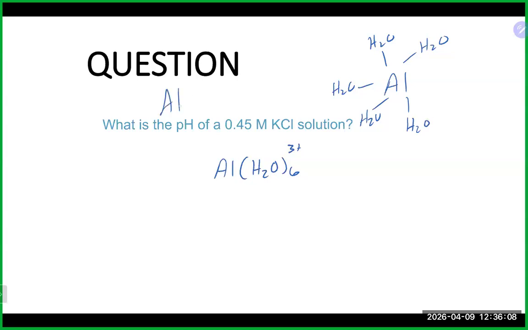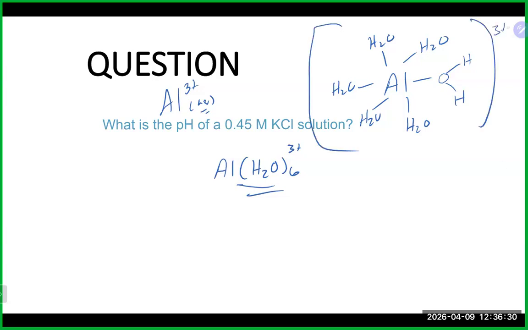It is also really what you have when you write this and just put aqueous. One, two, three, four, five. I'm going to show one attachment correctly here with the water. And by the way, the water would attach through the oxygen, which is more negative, with the aluminum being more positive. This entire thing has a +3 charge because of the aluminum. Each water is neutral, right? So that's where the +3 charge comes from.